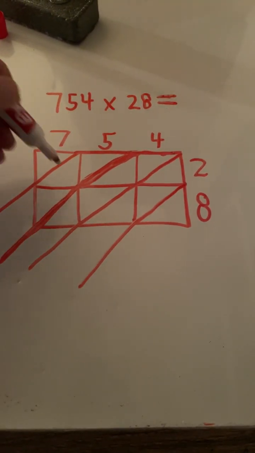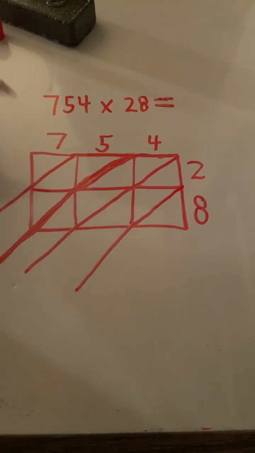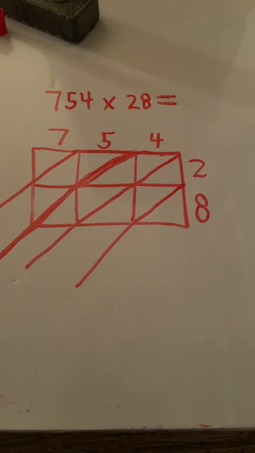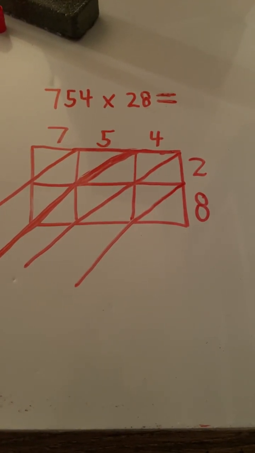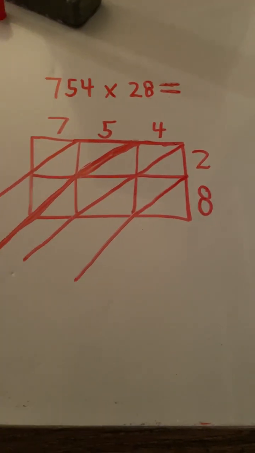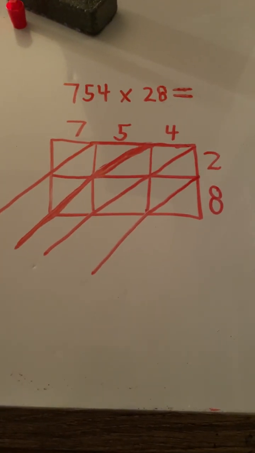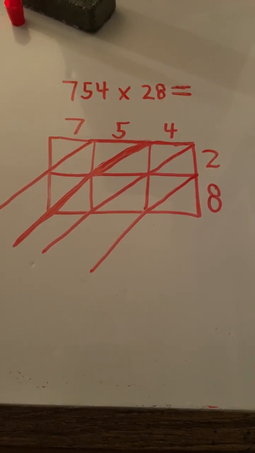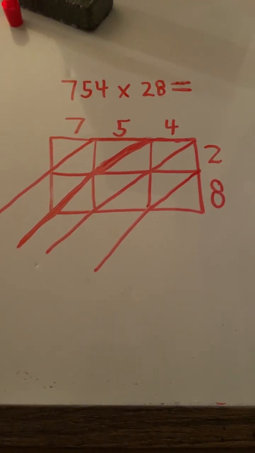Our product goes in each of these squares, and if our product is more than one digit, each digit goes in each triangle. But without further ado, let's get into it.